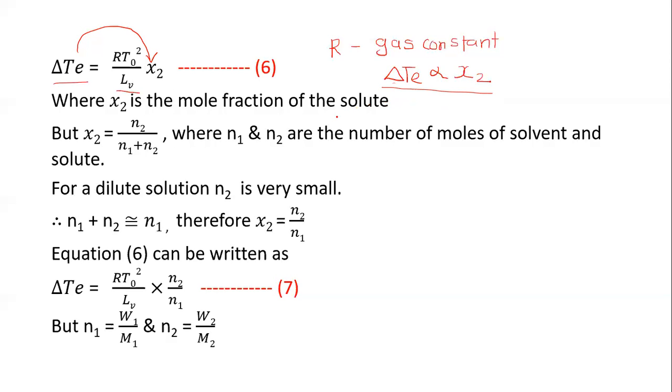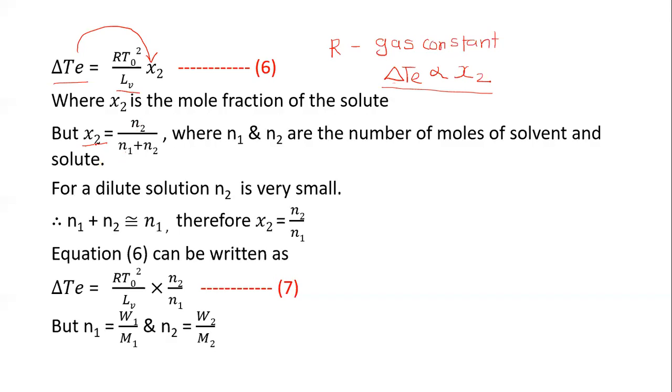Now we know that according to the definition, the mole fraction is the ratio of the number of moles of that component divided by the total number of moles of all the components present in the solution. Let us consider that the solution is binary, containing two components, solute and solvent. So the mole fraction of the solute x2 is equal to the number of moles of the solute divided by the total number of moles of solute and solvent.